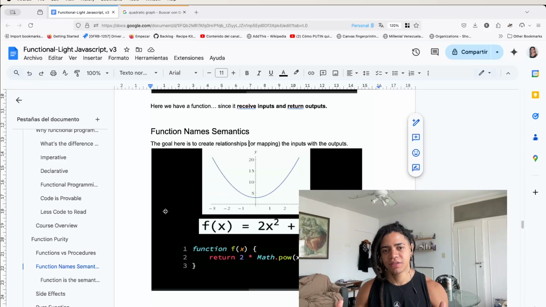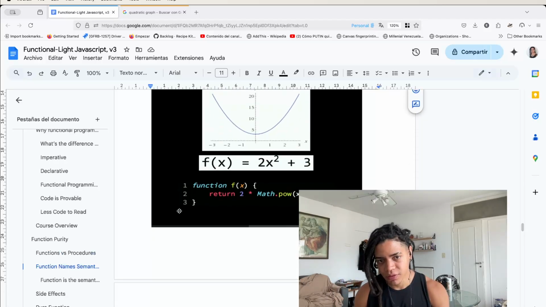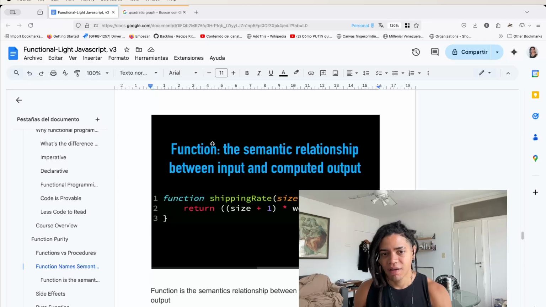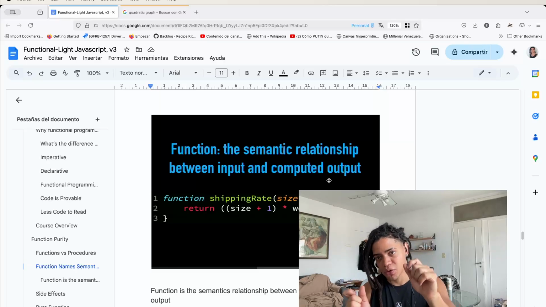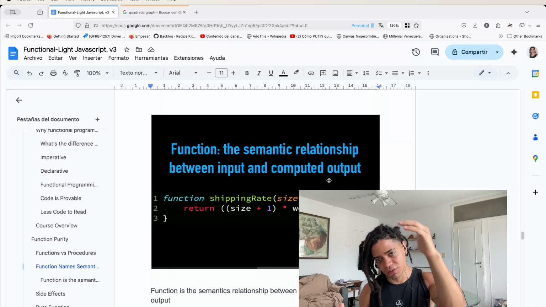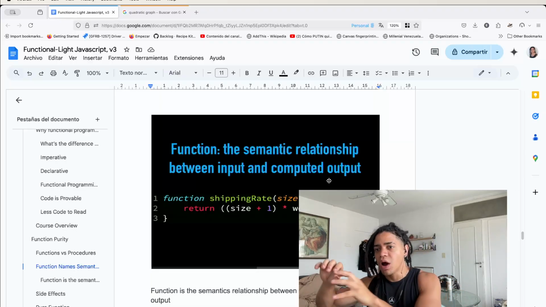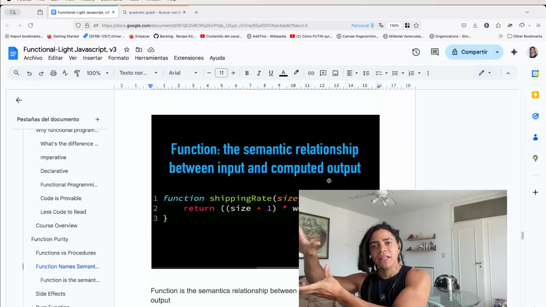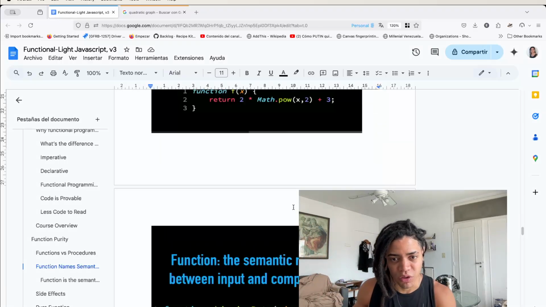The idea is how you're going to map the inputs to the computed outputs: the function name, the semantics, and the semantic relationship between the input and the computed output. So what is the mapping between the input and the computed outputs? When you pass a lot of inputs and get a lot of outputs, what is the semantic of this? This is a good example of that.